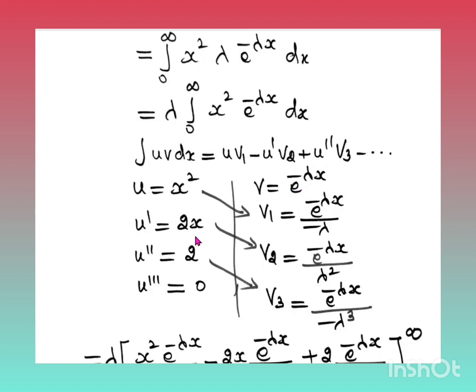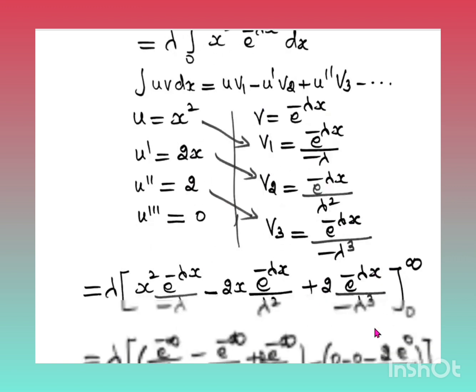U dash is 2x, u double dash is 2, u triple dash is 0. These are differentiations. V1, the integration, is e power minus lambda x divided by minus lambda. V2 is e power minus lambda x divided by lambda square. V3 is e power minus lambda x divided by minus lambda cube.